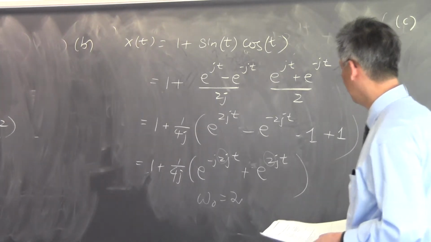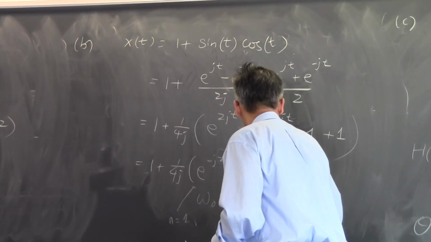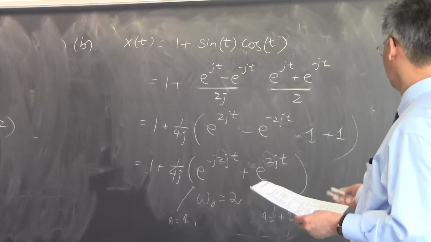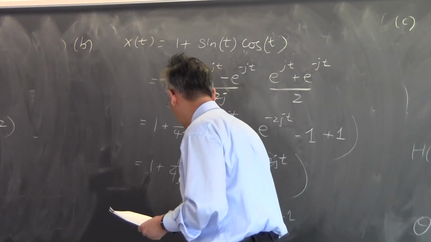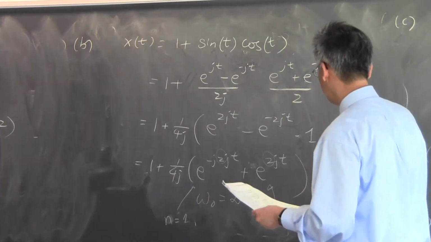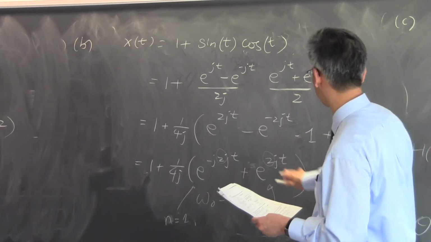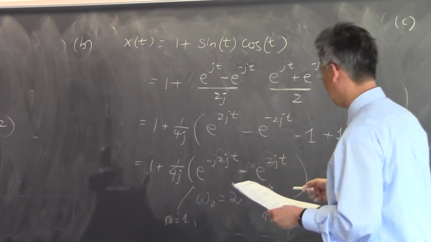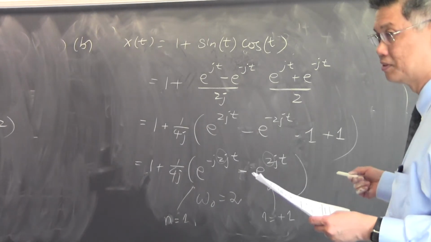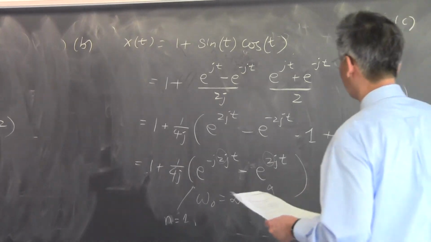Okay? And then this is n equal to minus 1. This is n equal to plus 1. And from that n equal to minus 1 and n equal to plus 1, you can write down the coefficient for the compact form. You can also convert this back into the sinusoidal form. There's a minus sign over here, sorry. When you compact and compress this, it becomes a sinusoidal form again. And then you can relate those coefficients to the coefficients of the compact form. And then you can also figure out the angle.